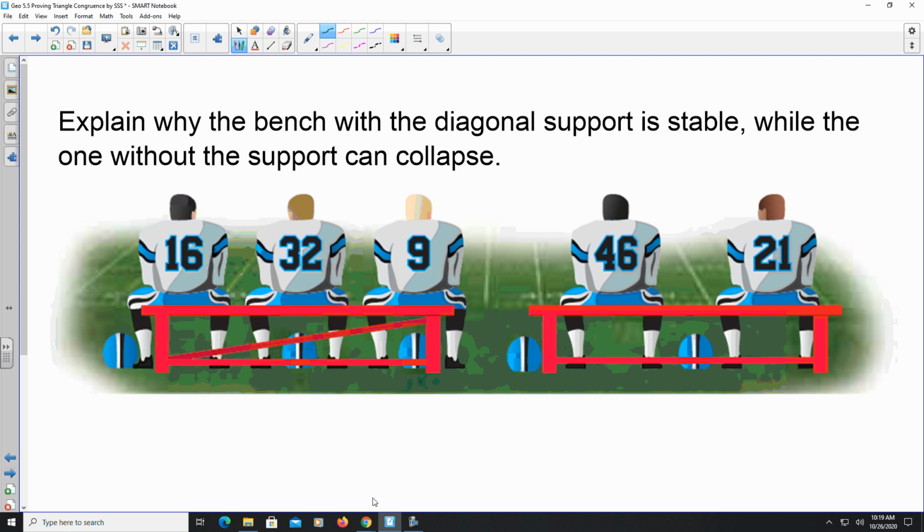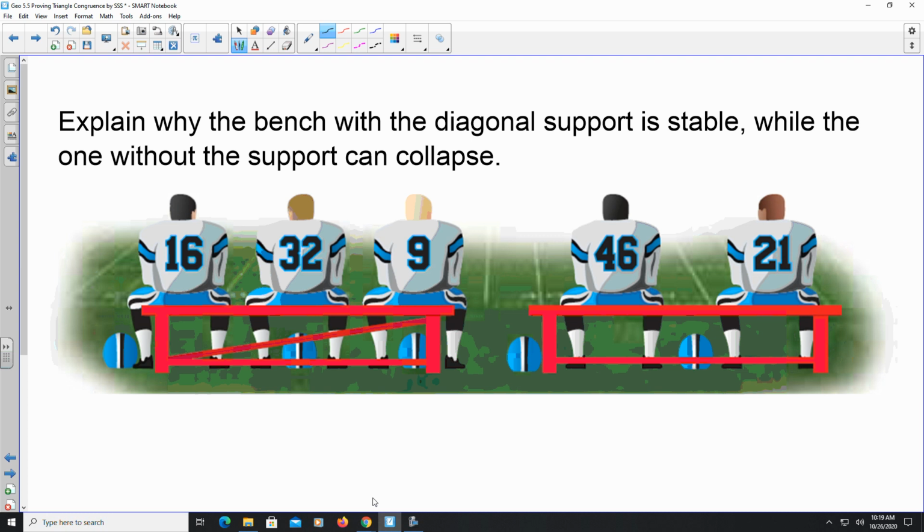Here, they're asking us to explain why the bench with the diagonal supports is stable while the one without supports can collapse. The solution is this: the bench with the diagonal supports forms triangles with fixed side lengths.